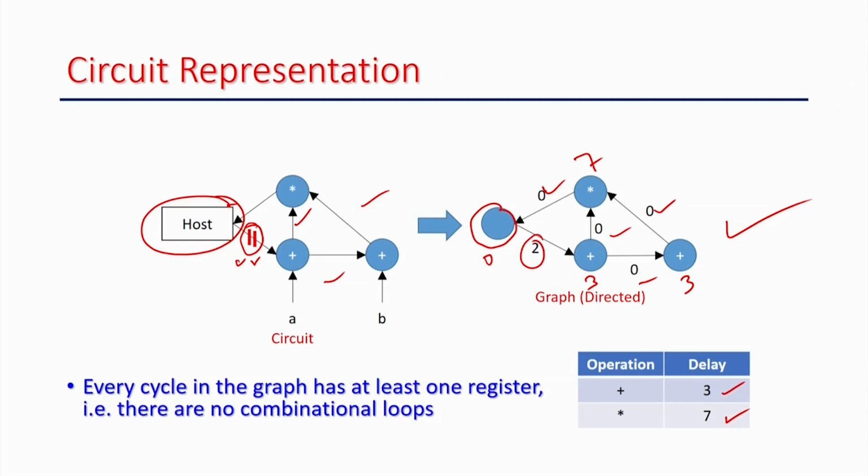I think this is clear. Since we do not have a combinational loop or cycle in a digital design, we should not have any cycle in the graph which has weight 0. That means you should not have any such loop. For example, this is a loop, but the total edge weight of the particular loop should not be 0.